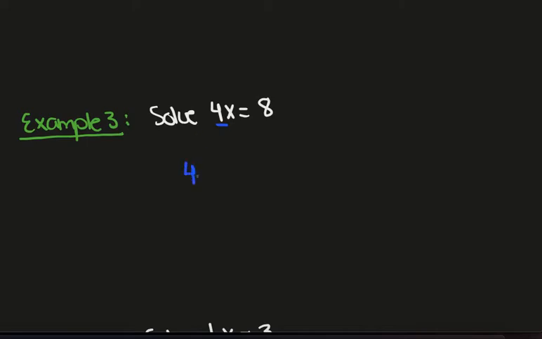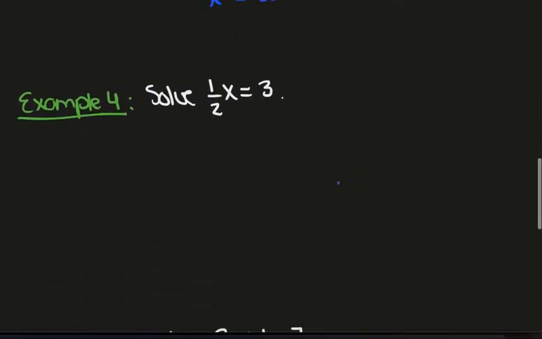So we'll have 4x divided by 4 equals 8 over 4, because whatever we do to the left hand side, we have to do to the right hand side. And this cancels the 4's here. So I'll get x equals 8 divided by 4, but that's 2. Again, we can check that. We just see that 2 times 4 is 8.